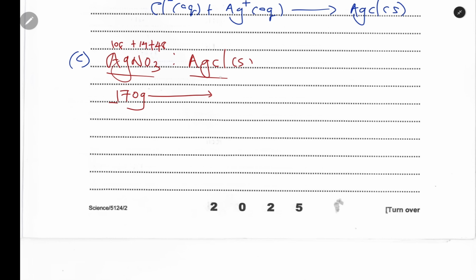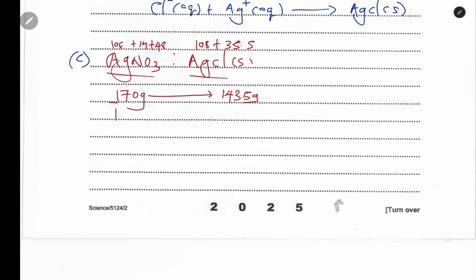What is the mass of AgCl? 108 plus 35.5 gives us 143.5 gram. So 170 gram of silver nitrate reacts to form 143.5 gram of silver chloride.